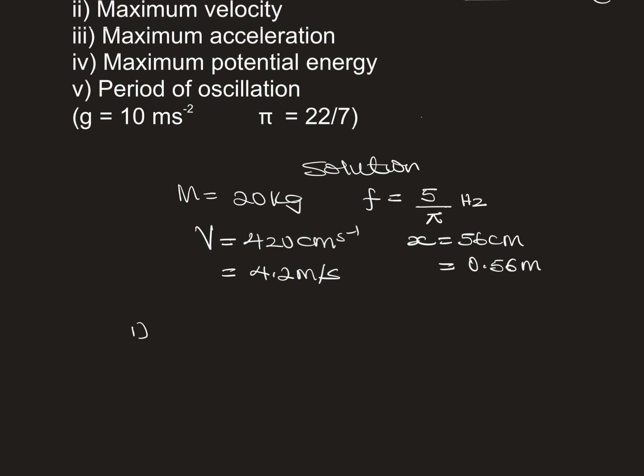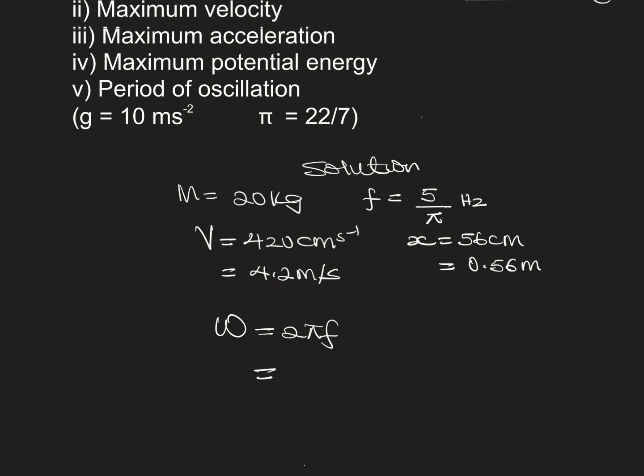But before doing that, let me try to find the angular frequency. The formula for angular frequency, omega, is equal to 2 pi f, because it is very important for me to be able to get the answers.